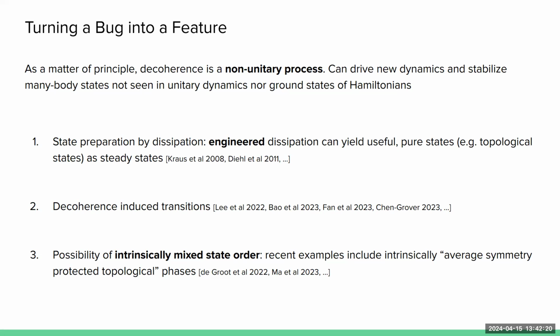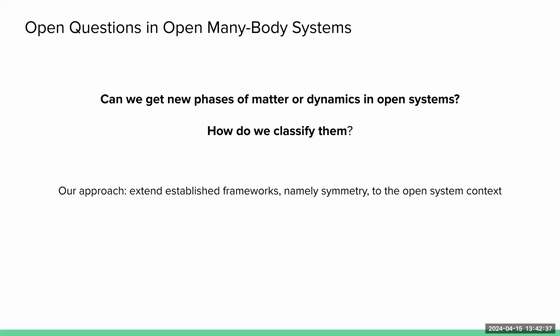And more recently, there's been progress in understanding the extent to which you could realize, in some sense, genuinely new phases of matter in these mixed state settings, which do not have pure state analogs. And so this is one of the directions that we're going to discuss in this talk. So, in broad terms, what these open many-body systems prompt us to ask is whether we can realize new states of matter in these mixed state settings, and if we can realize interesting new kinds of dynamics.